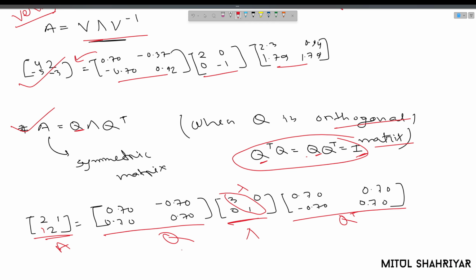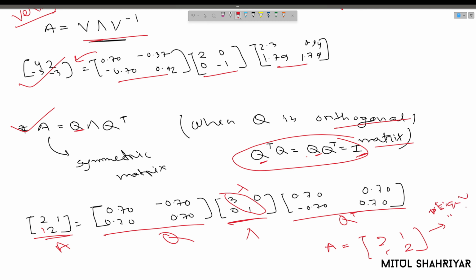Now you may ask, why are we talking about it? If there is a matrix like this one, 2 1 1 2, what we could have done is look for the eigenvalue and eigenvector.